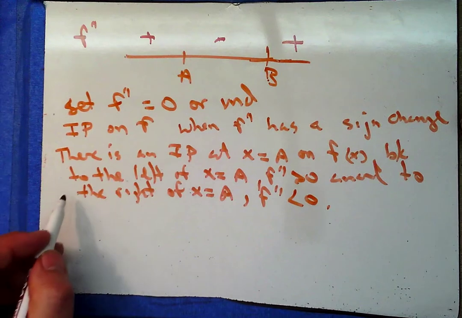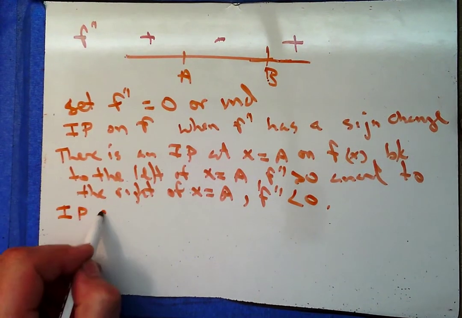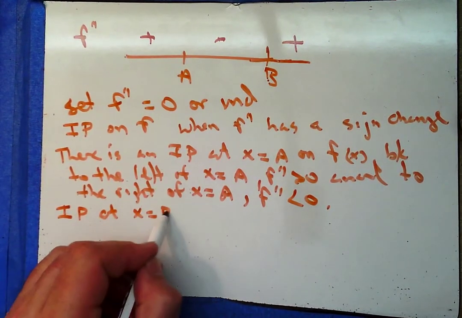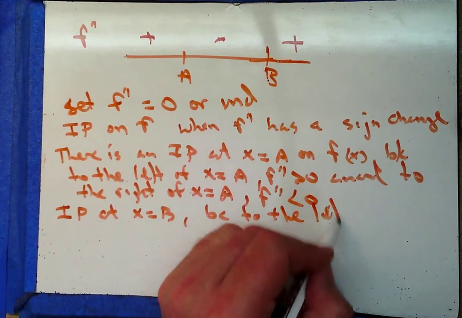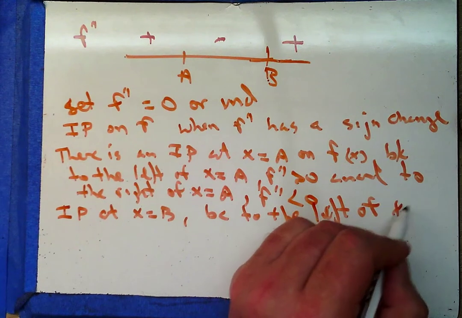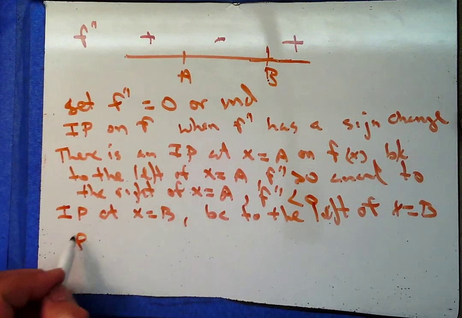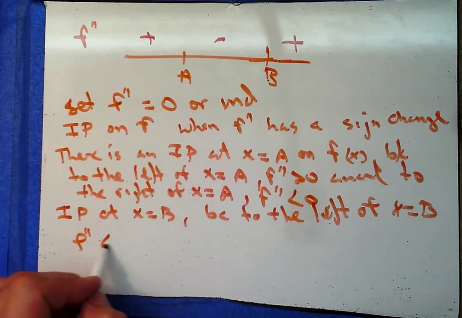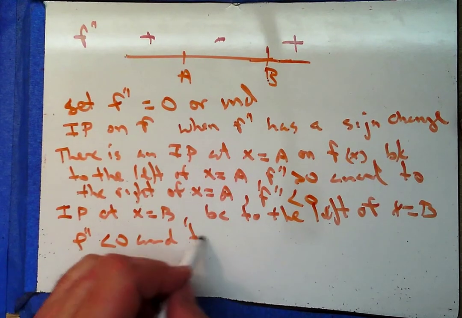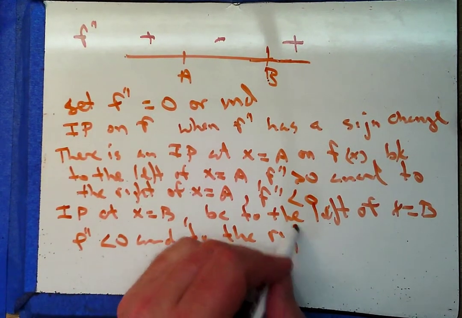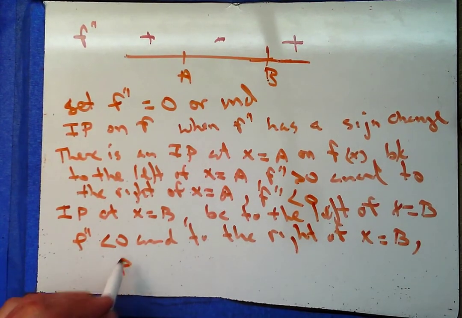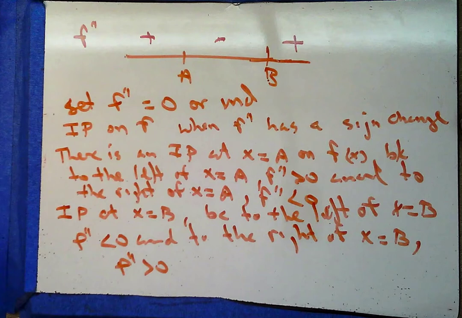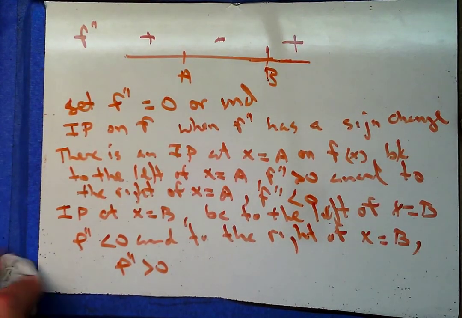We can also say the same thing about an inflection point at x equals B, because to the left of x equals B, f double prime is less than 0, and to the right of x equals B, f double prime is greater than 0. I will say that this is bulletproof.